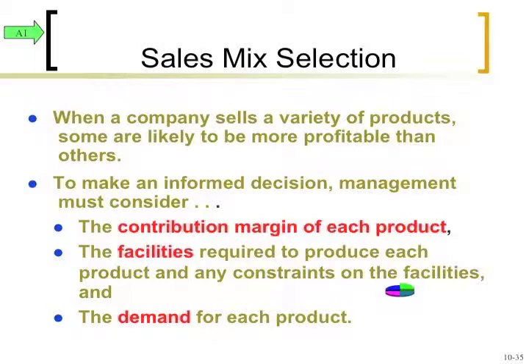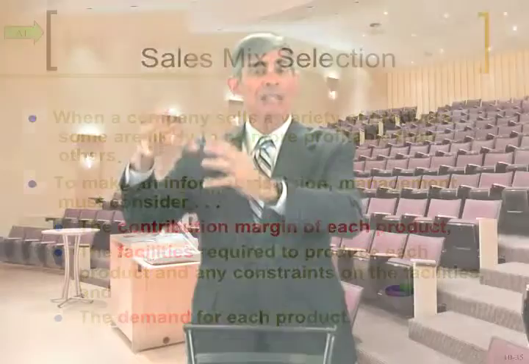But if product A takes twice as long to make as product B, we need to factor this into our capacity at our plant to determine should we make more of A or more of B, and which is the optimum mix for those products. So that's our fifth special decision.